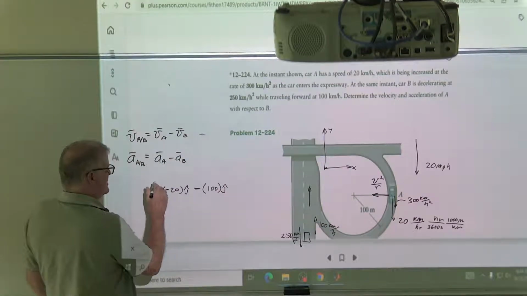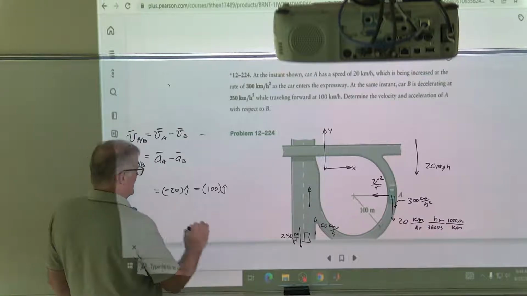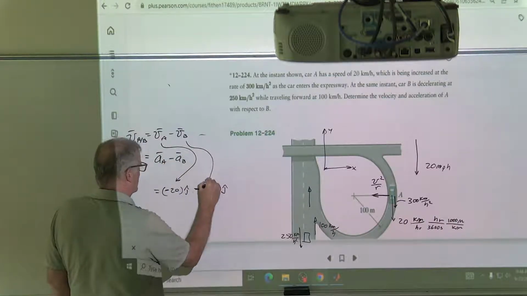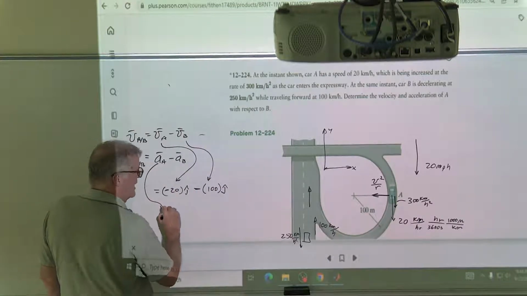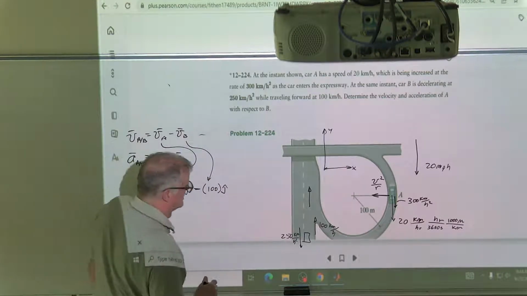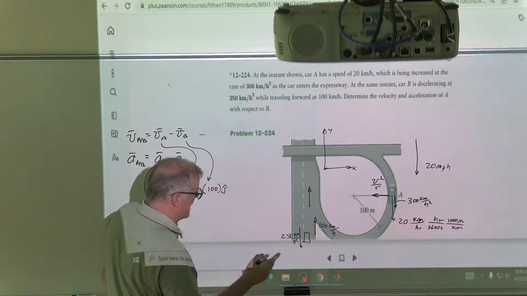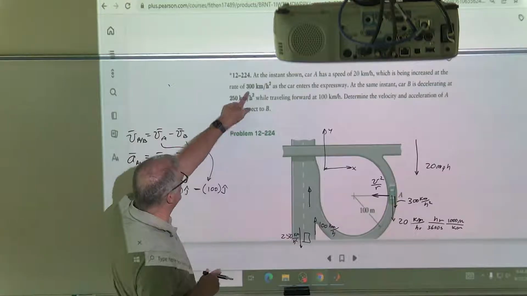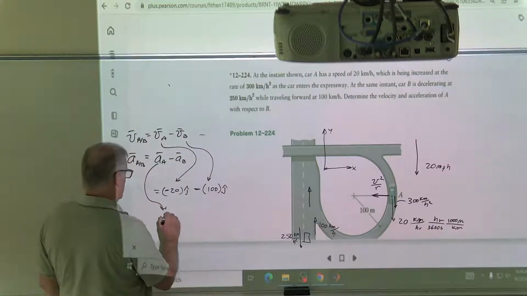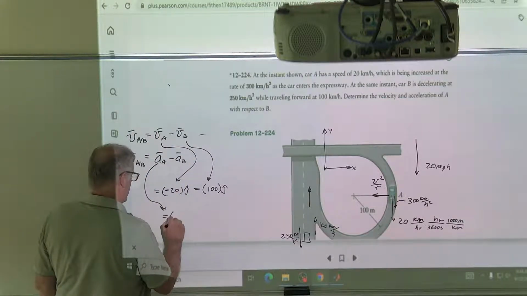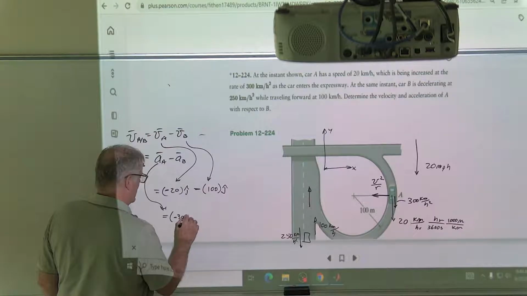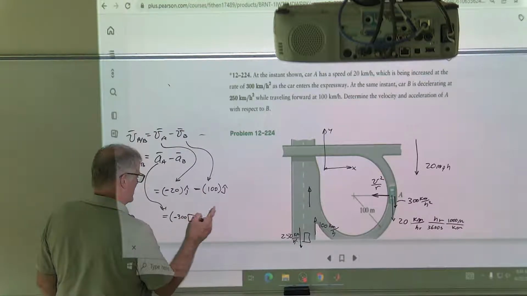The thing about the acceleration is, for the acceleration, okay, so that's the velocity. This is the velocity. The acceleration of A has two components. It has a component going down. Did it say it was accelerating? Increasing at a rate. So it has an acceleration going down, which is minus 300, and I'll put a little box for the unit change.